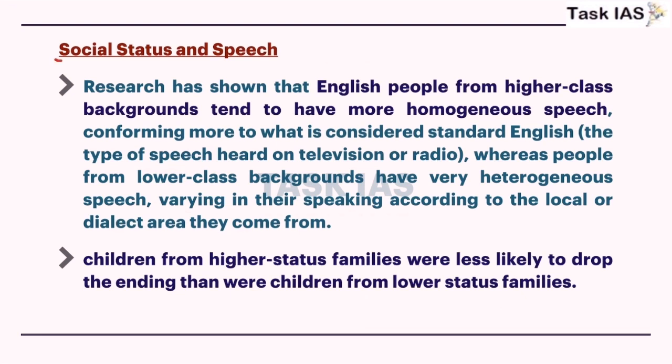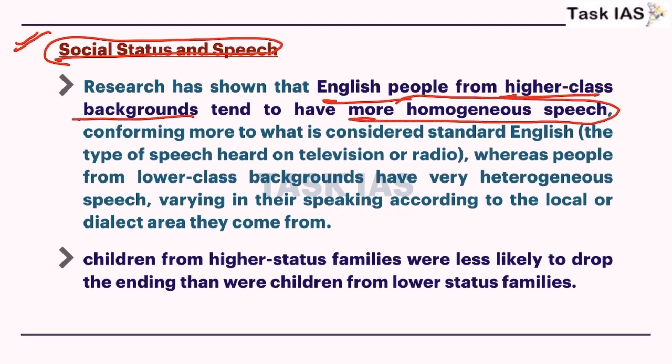Now, social status and speech, how these are related, because social status is of course social context. Research has shown that English people, especially from higher class backgrounds, tend to have more homogeneous speech, and this homogeneity is because they try to imitate more bookish language with more grammar and perfect pronunciations.